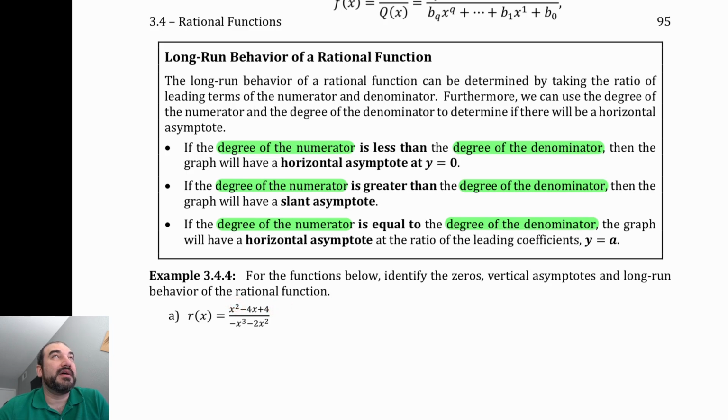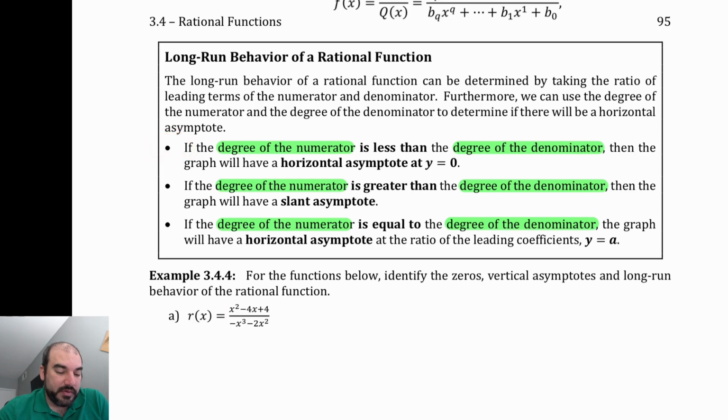We find the biggest exponent on x. That's going to be our degree. So this numerator has degree 2. What about the denominator? What's the degree there? 3, which means the degree on top is smaller than the degree of the denominator on the bottom, which means we're in this first bullet point situation.